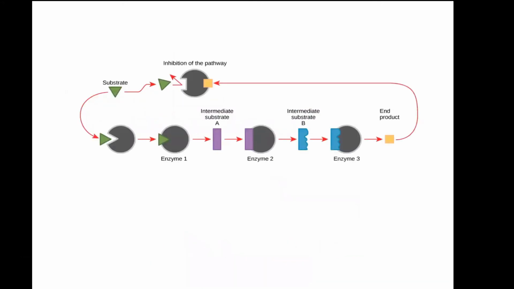So we could see a picture here of how this could work via allosteric regulation, right? So here's our reaction, slightly different one, but we have one enzyme converting here. We have another enzyme working here. Then we have our final end product, which is this yellow square. And this yellow square is an allosteric inhibitor here for our initial enzyme.